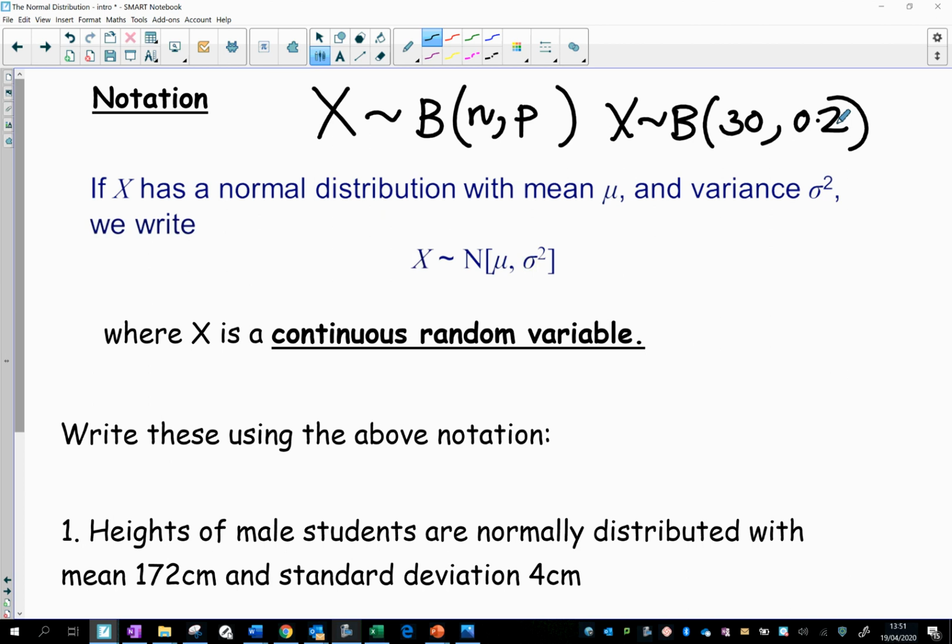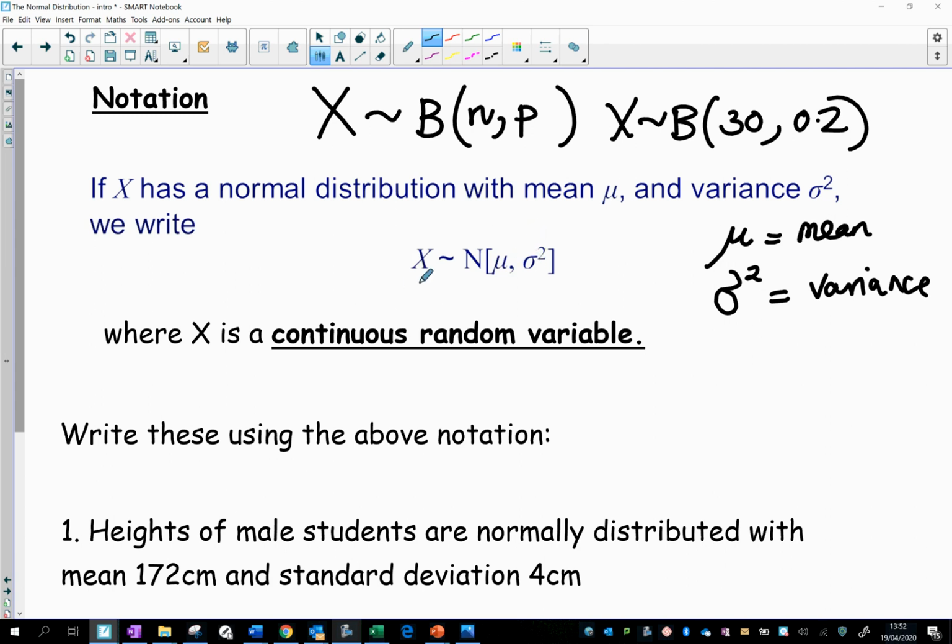The two parameters are mu, pronounced mu, which is the mean, and sigma squared, which you've met before, which is the variance. And when we describe a normal distribution, we always put the mean first and then the variance second, not the standard deviation.